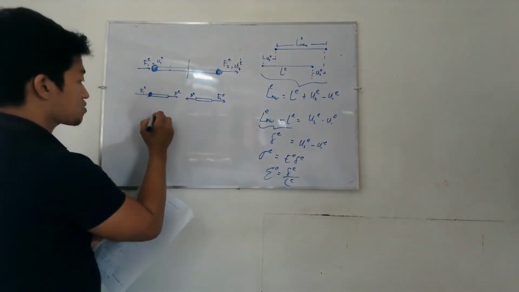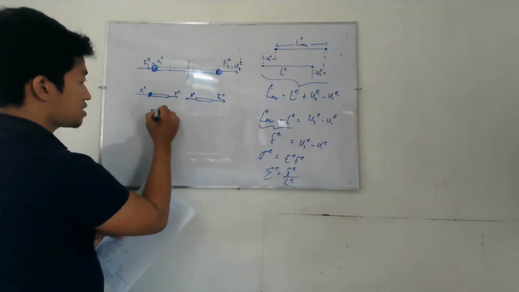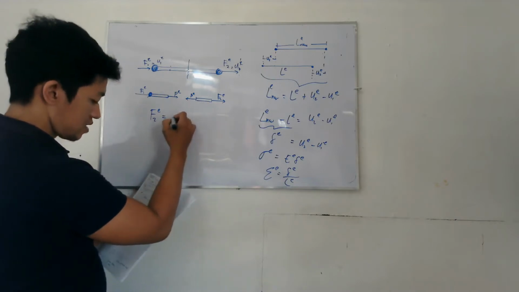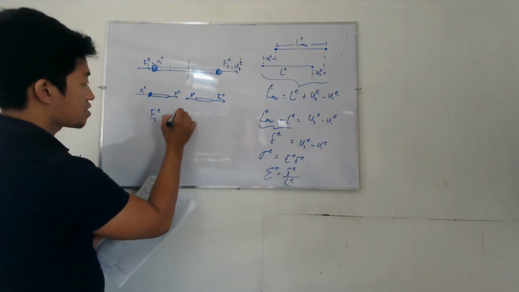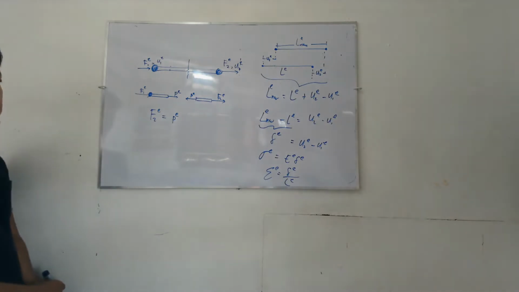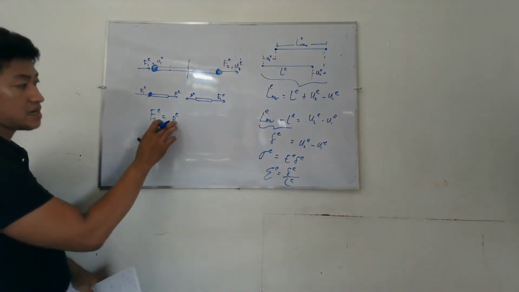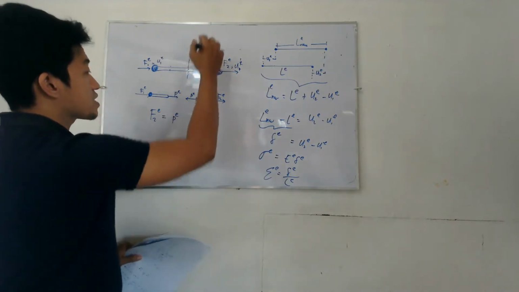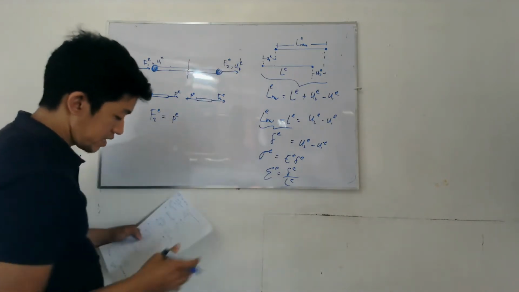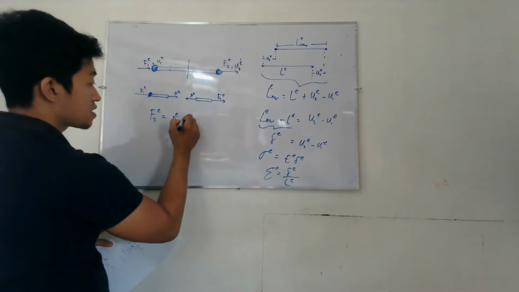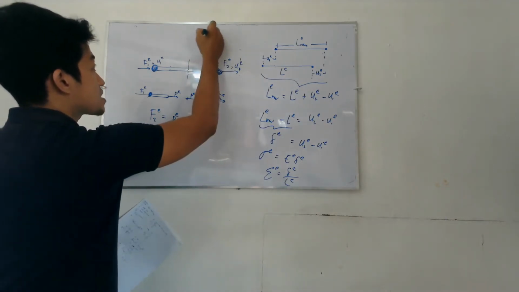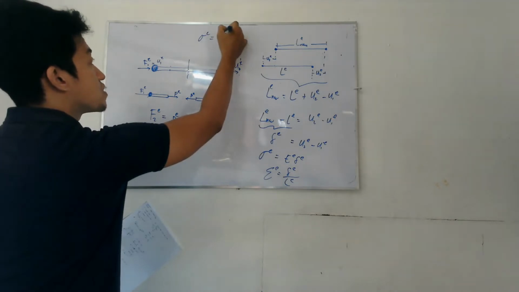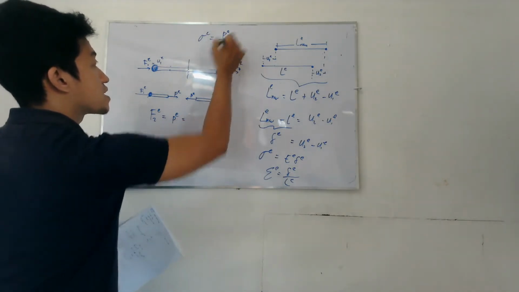Therefore, based on this, we know that F2E in equilibrium is just equal to this one. But we know this is the internal force. The internal force, if related to stress, stress is just equal to force over area.